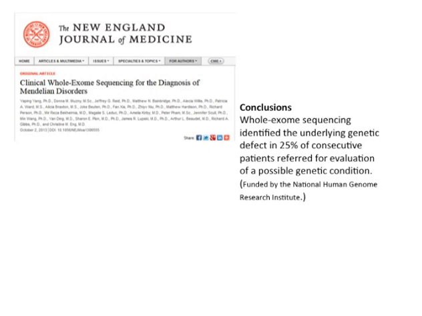And they found that in patients who had had other routine types of testing, such as karyotyping, chromosome or cytogenomic microarray testing that was all negative, when they did whole exome, in about 25% of cases, they were able to come up with a specific diagnostic answer for those patients.